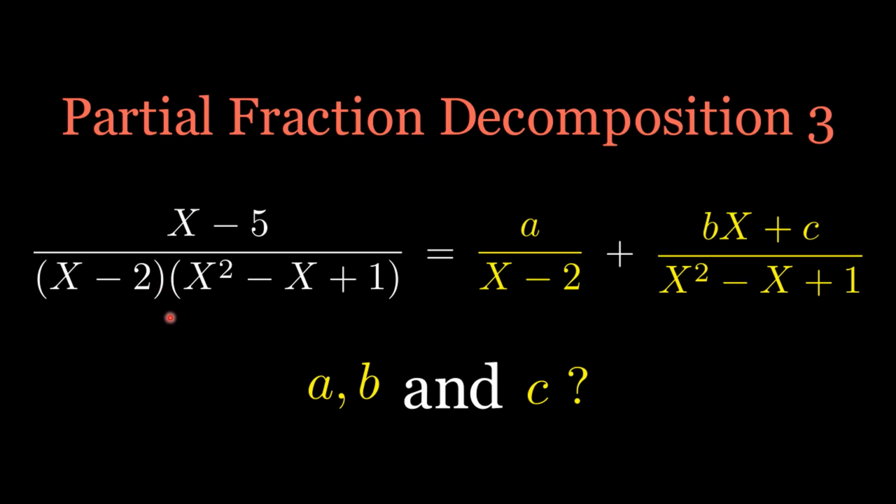The denominator has two factors: a linear factor, x minus 2, which gives a over x minus 2, and a quadratic factor with discriminant less than 0, which gives bx plus c over x squared minus x plus 1. So our challenge is to find a, b, and c. I advise you to do it.